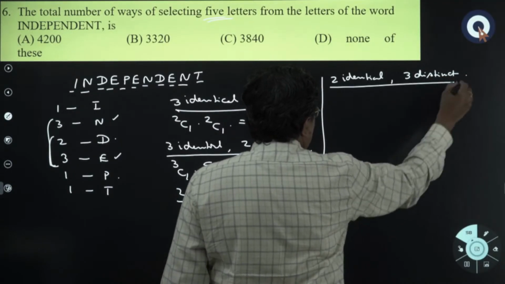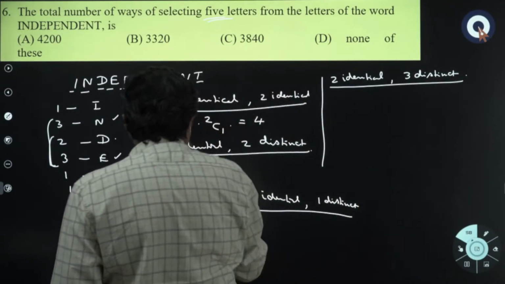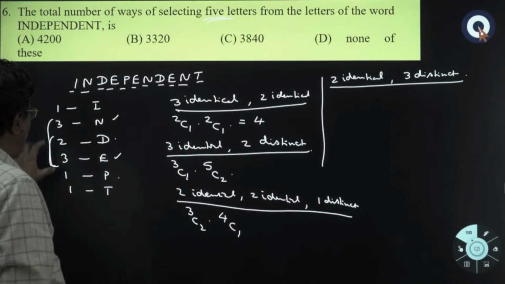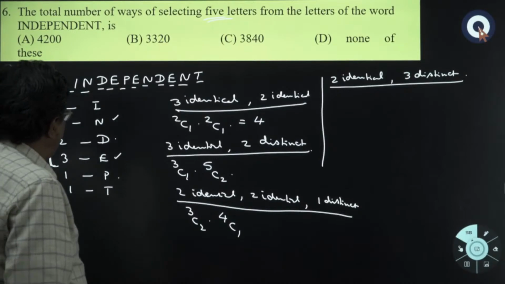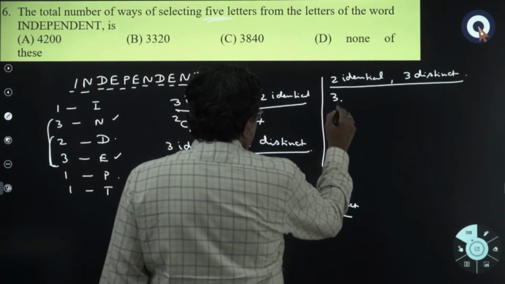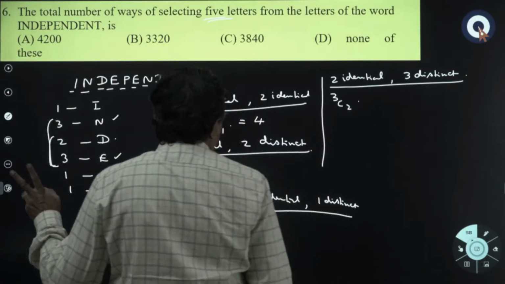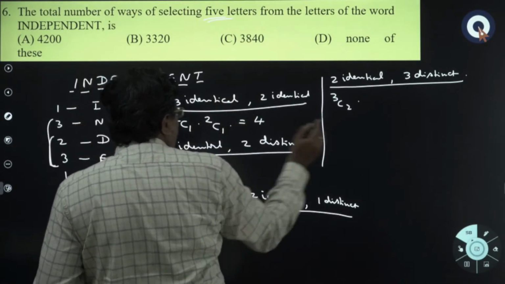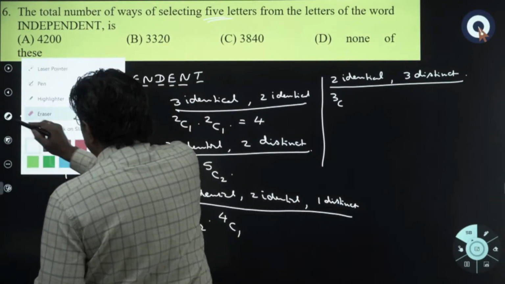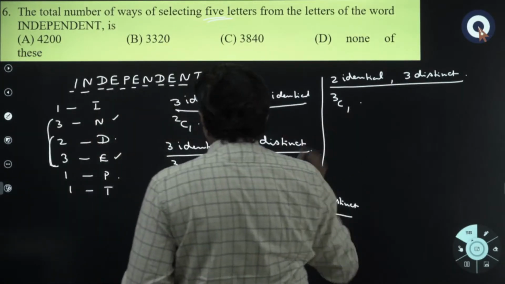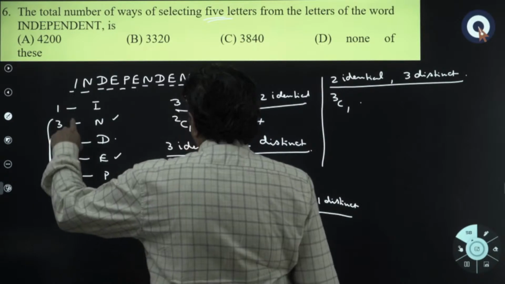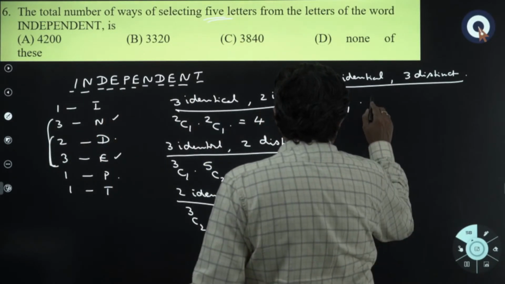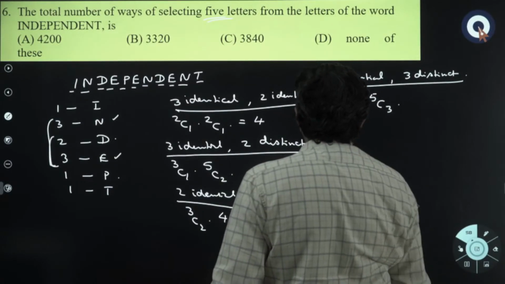You can use coefficients method also, but a simple problem can be done like this also. 2 identical, 3 distinct. Out of these 3 varieties, take any one variety, because you are just taking 2 identical, and from that you take 2. So out of the 6 varieties, 1 variety is gone, and we are left with 5 more varieties. Out of the 5 more varieties, select any 3 varieties and take 1 out of each.